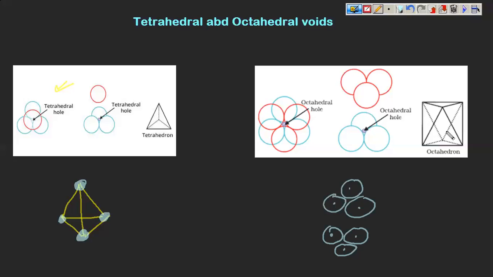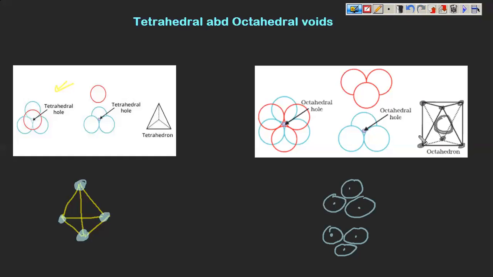The particles are present here, 1, 2, and the third one. The total 3 particles are in the above layer, 3 particles are in the below layer, and this void is an octahedral void.